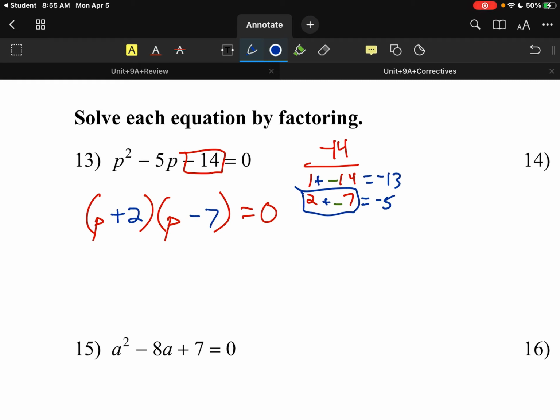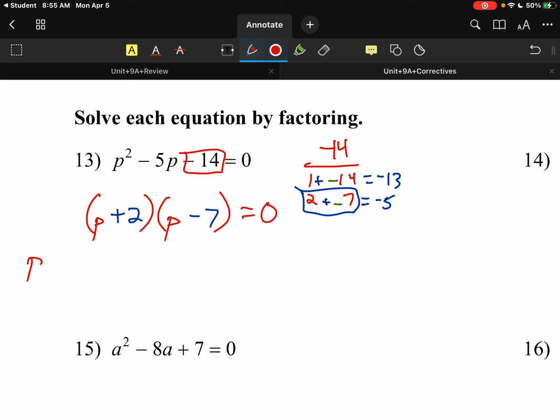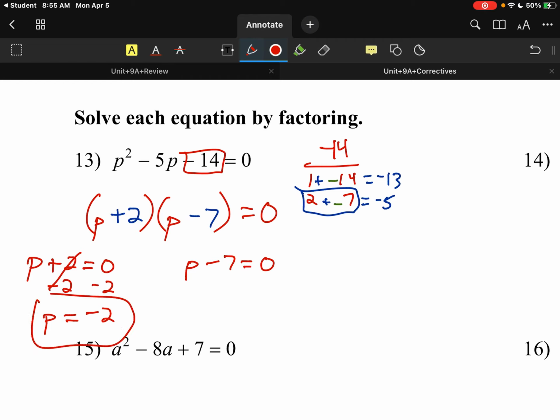Now, since we have two sets of parentheses, you create two equations. So p plus 2 equals 0, and p minus 7 equals 0. Then you just solve them. Okay, subtract 2 there, so your p equals negative 2. I add 7 here, so I get p equals 7. Okay, you get two answers.